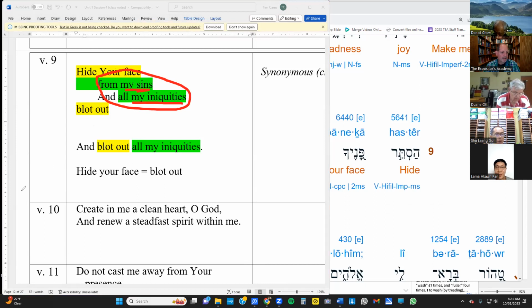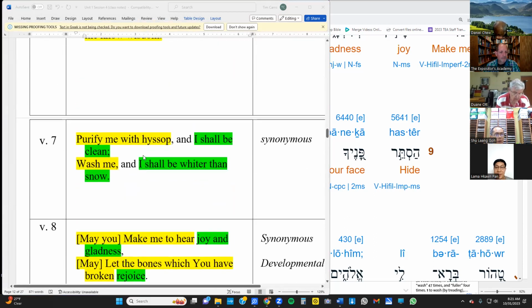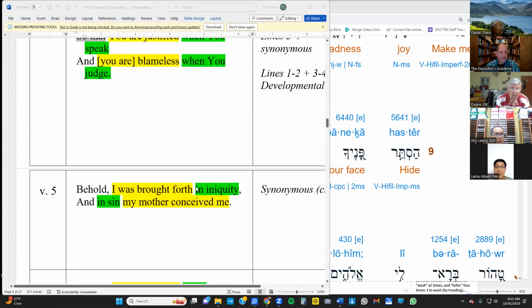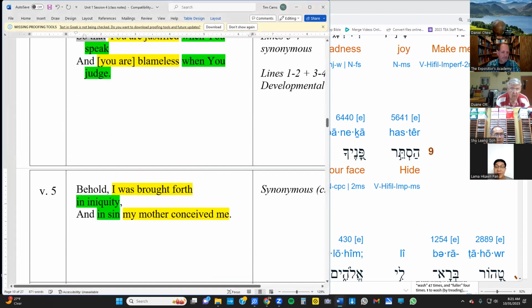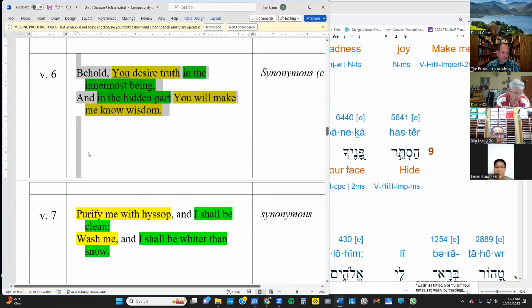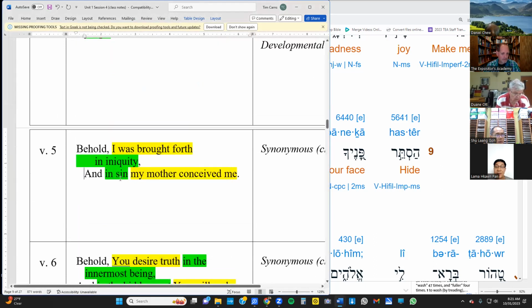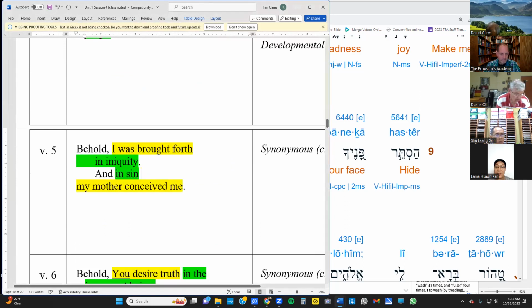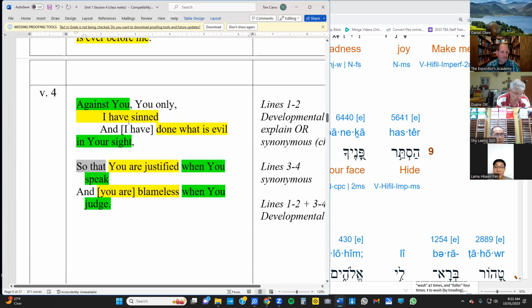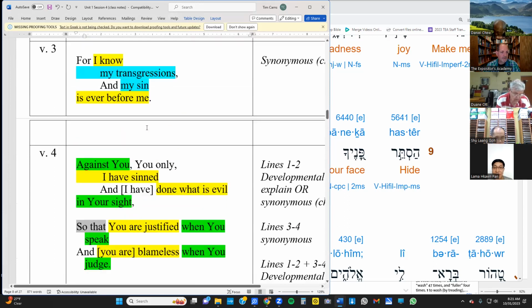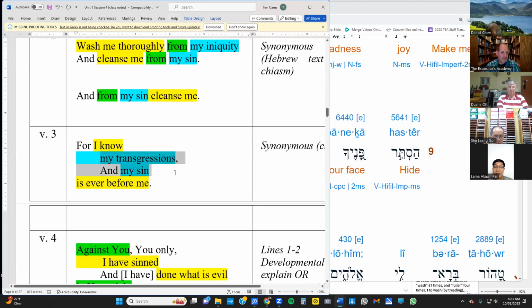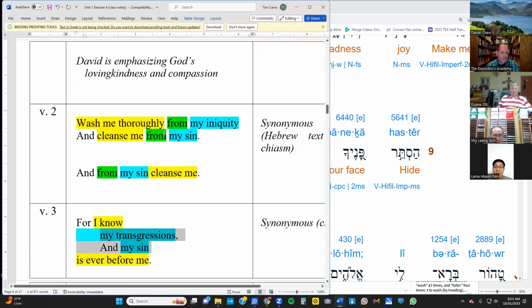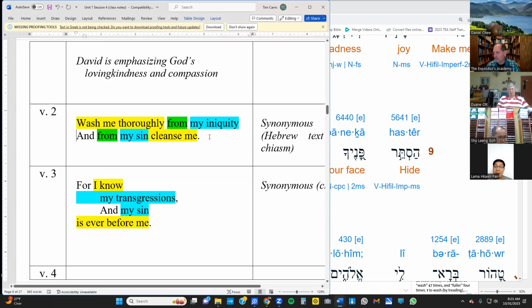Okay, that's exactly right, what we saw in iniquity here, verse 5, and in sin, verse 4, I have sinned, done what is evil. Verse 3, my transgressions, my sin. Verse 2, my iniquity. There was a chiasm in verse 2, if I remember correctly, from the Hebrew text.